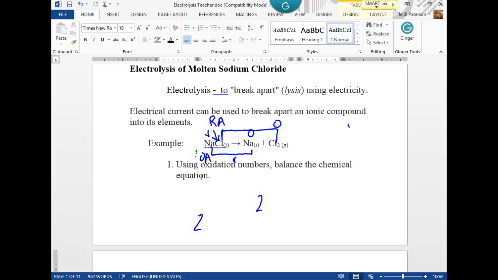So what I want you to do is find Na positive and Cl negative on your data table. Find these 2 half reactions.